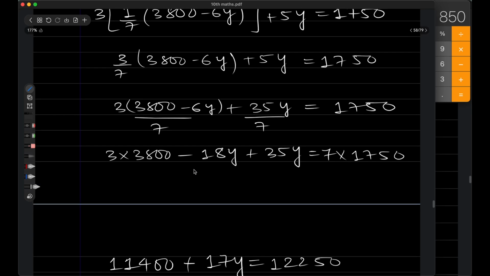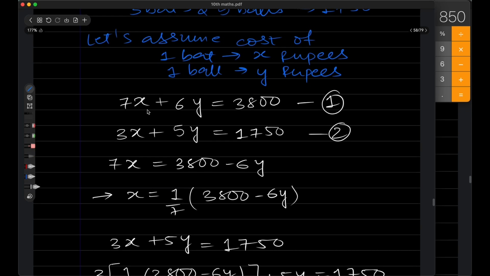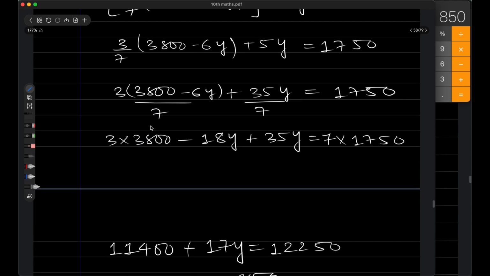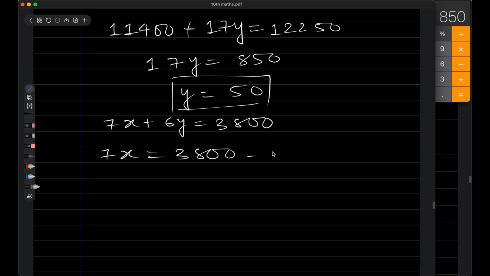Now let's put the value of y in any one of the equations. We have the equation 7x plus 6y equals 3800. Value of y is 50. We have 7x equals 3800 minus 6 into 50.